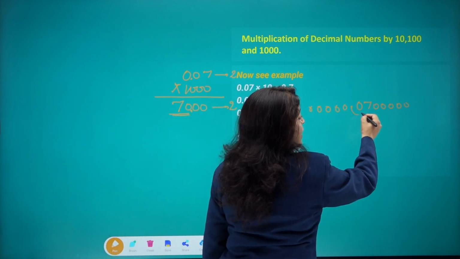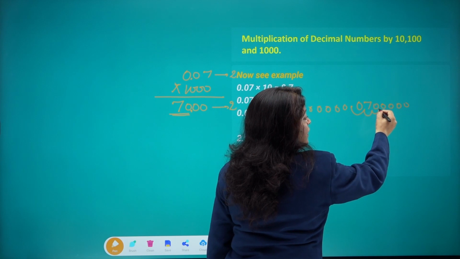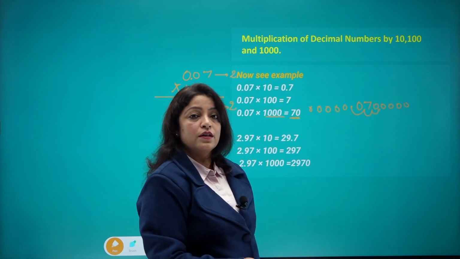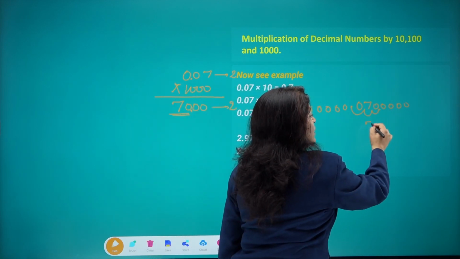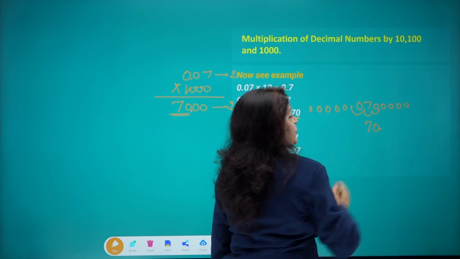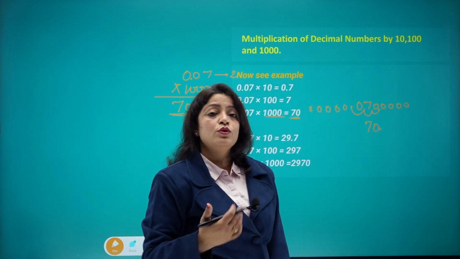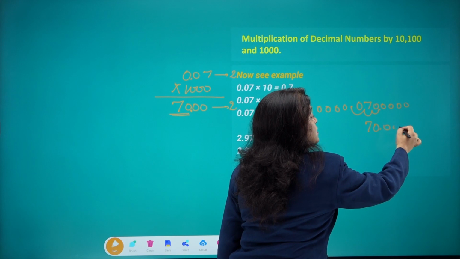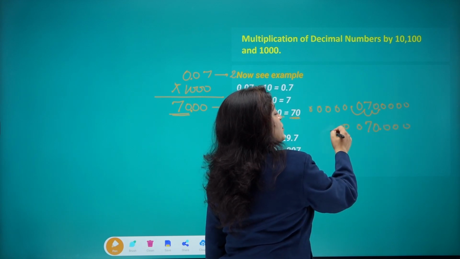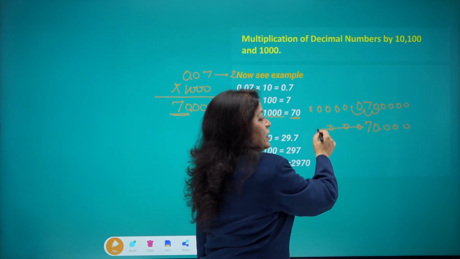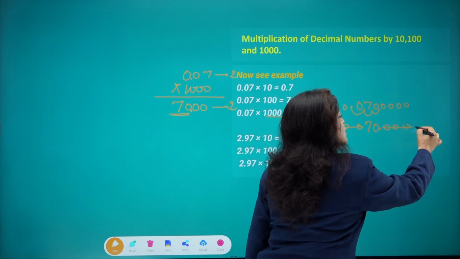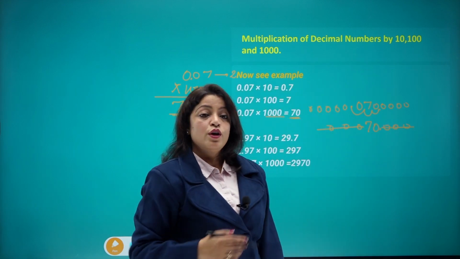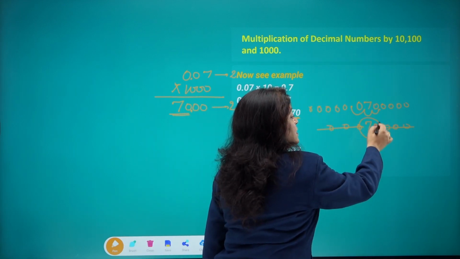So, we have 1, 2, 3. It moves 3 places to the right. Now, the decimal will be at this position. It doesn't matter how many zeros you put after this or before this. They don't have any value. So, we can skip these zeros. So, the final answer will be 70.